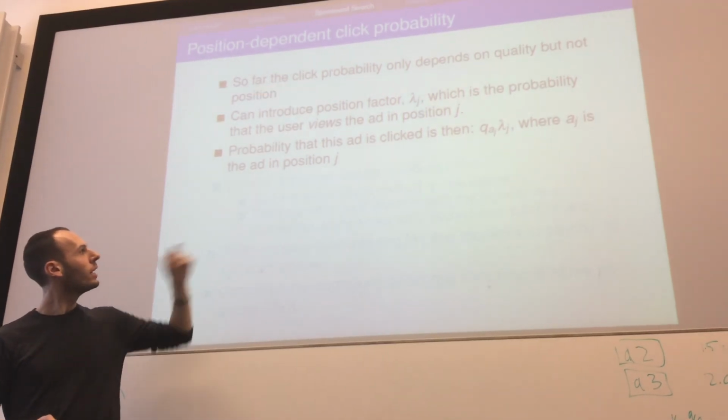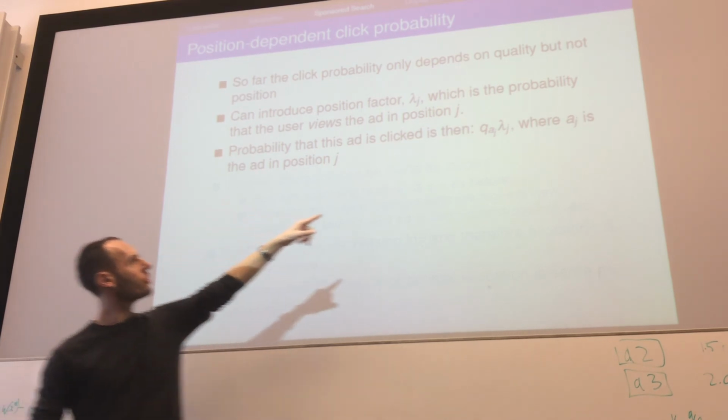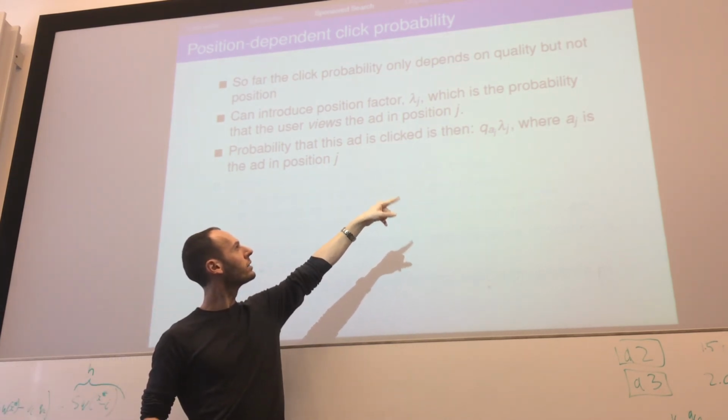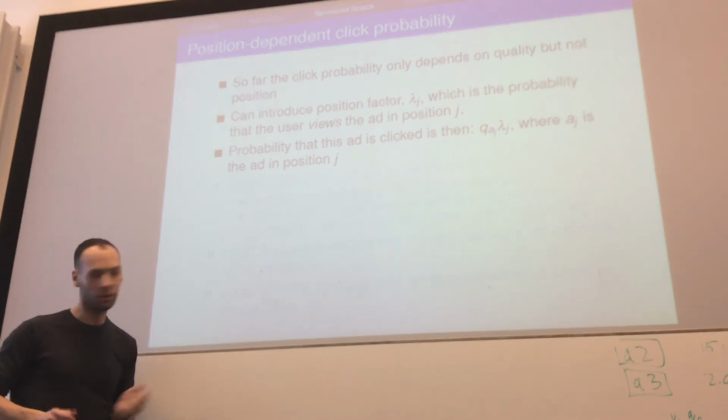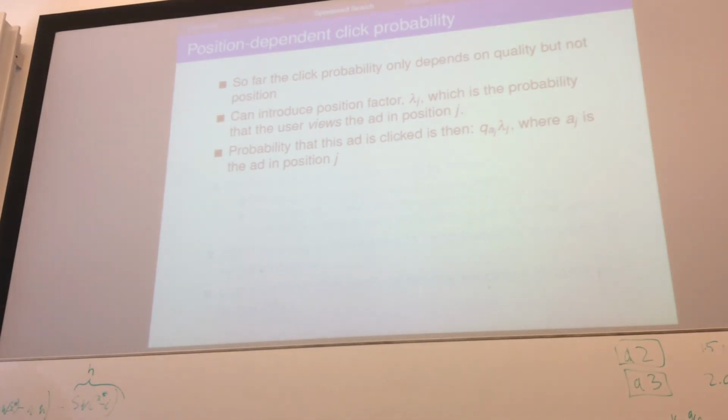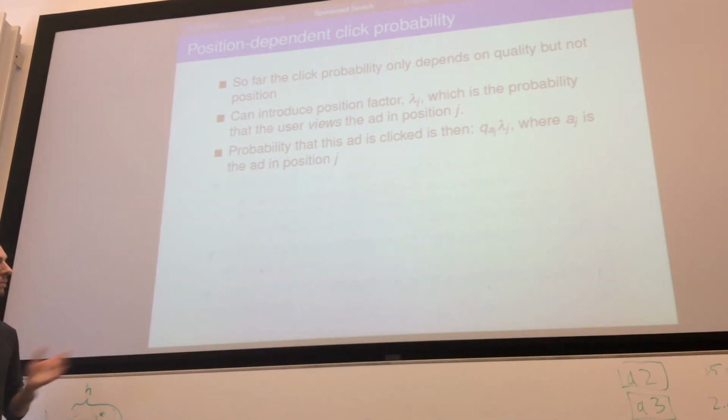So a_j here is the ad in position j, whereas lambda depends only on j. So this is simply the product of the two. This is a slightly more extensive model, and not used by Google, but nevertheless there are many papers about it, and we always think about new ways of improving the existing options.